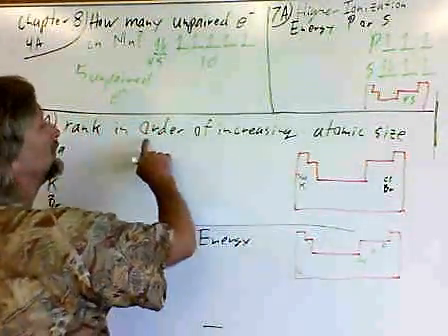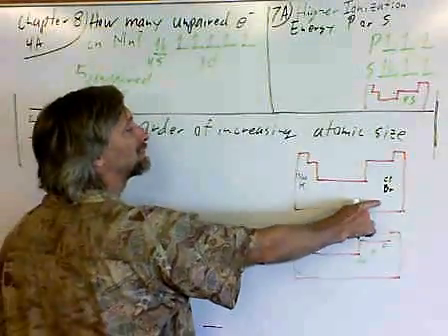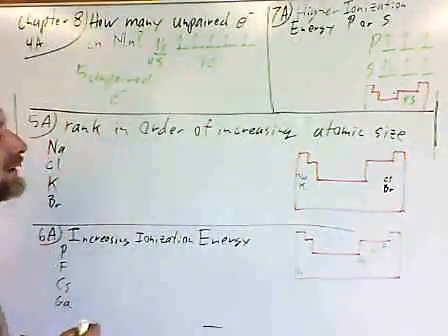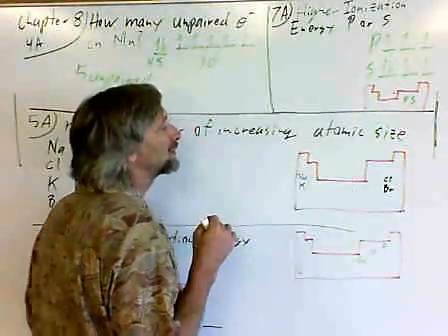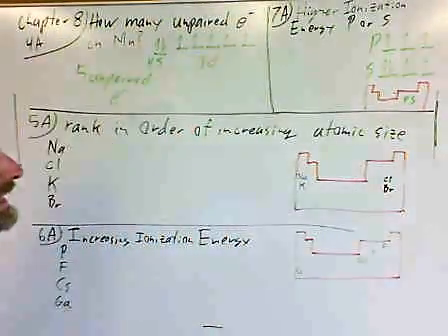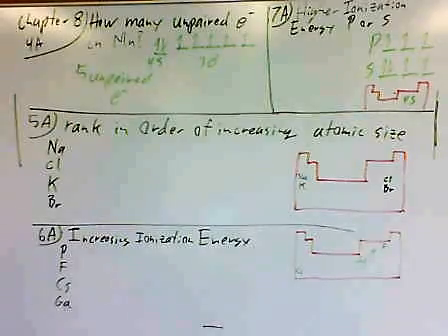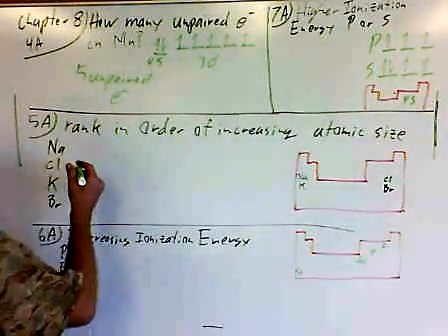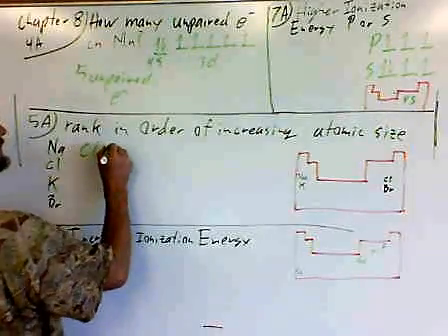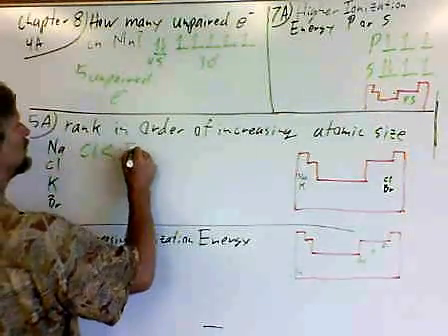So in order of increasing size, we're going to go toward the right side of the periodic table and pick one of these first. And of these, we're going to pick the one with the smaller shell. So chlorine in period 3 is going to be smaller than bromine. So chlorine will be our smallest, followed by bromine.